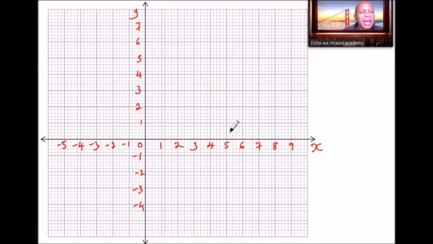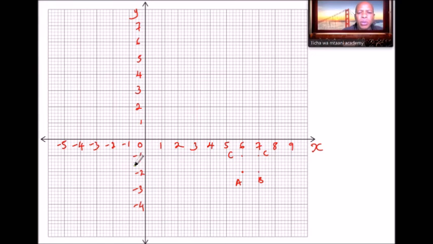So our square, we are told A is at (6, -2). That is A there. Our B is (7, -2). This is our B. Our C is (7, -1). So that's our C, and this is our D (6, -1).